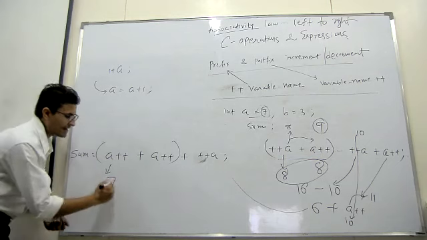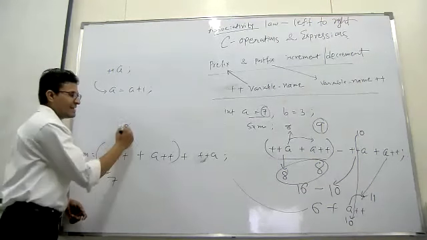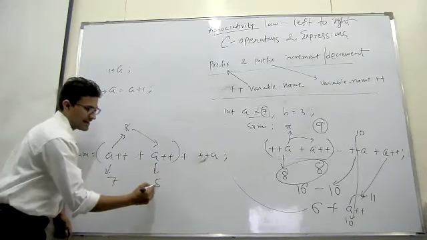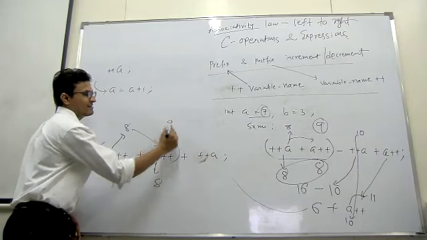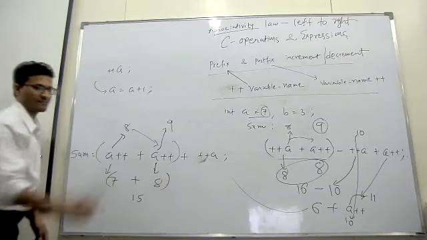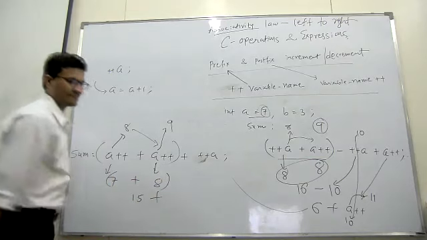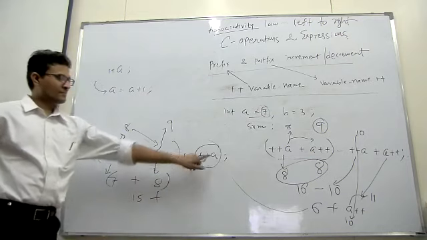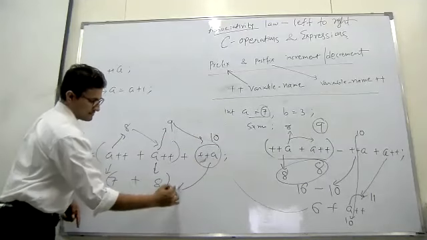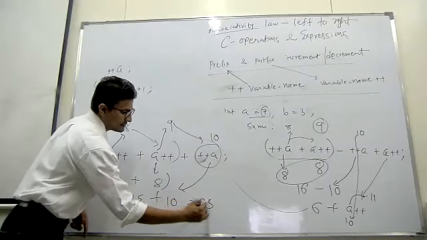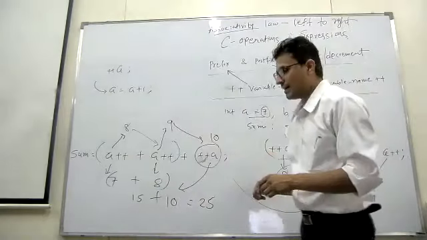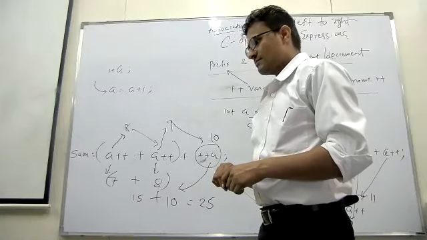First assign, then update. Directly assign, update. Move here. Assign update. Assign 8, update 9. So here 7 plus 8, 15. 15 plus 10. Here prefix, so first of all update, then assign. So answer is 25. Clear? Yes, sir.